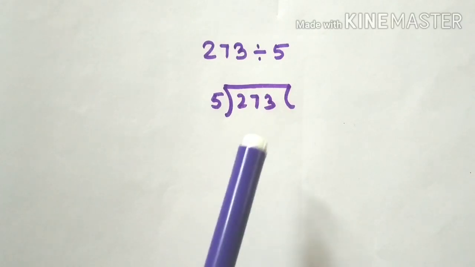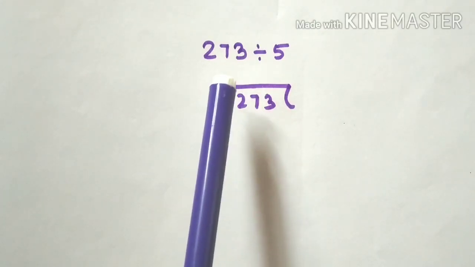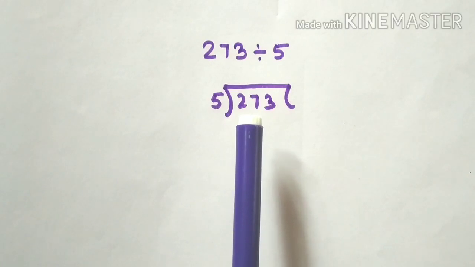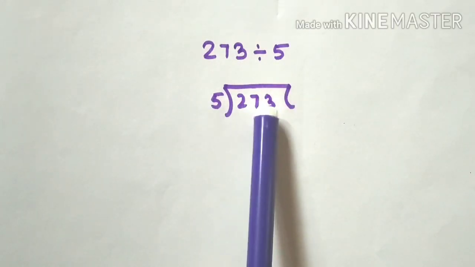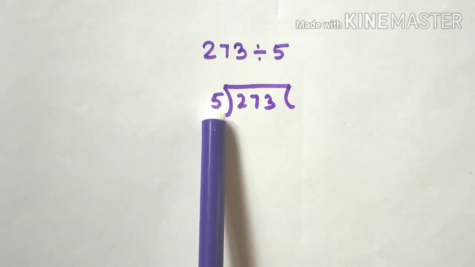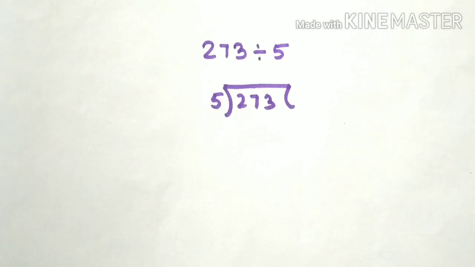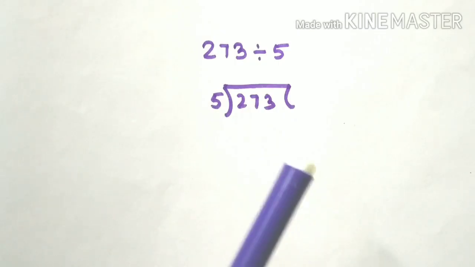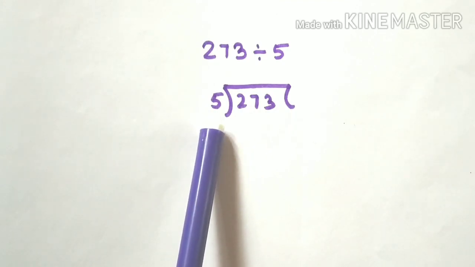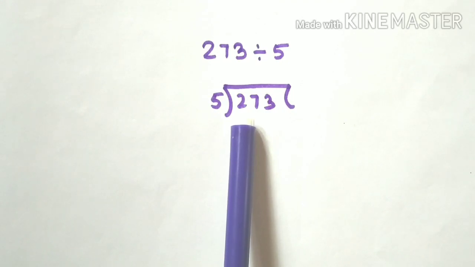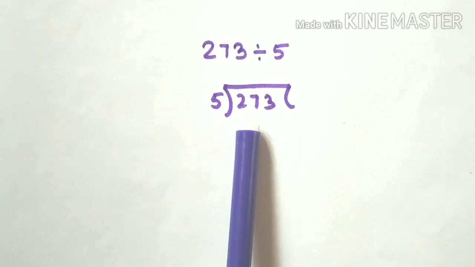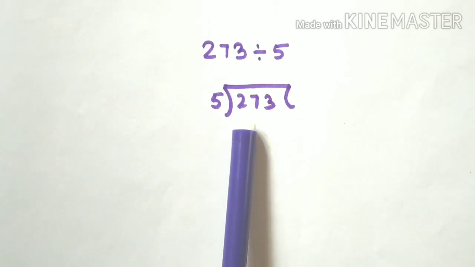Now students, look at this question. Suppose we are asked to divide 273 by 5. So 273 is the dividend and 5 is the divisor. Now students, since there is only one digit in the divisor, let us try to consider only one digit from the dividend. Now, if we consider only one digit from the dividend, we will get 2.